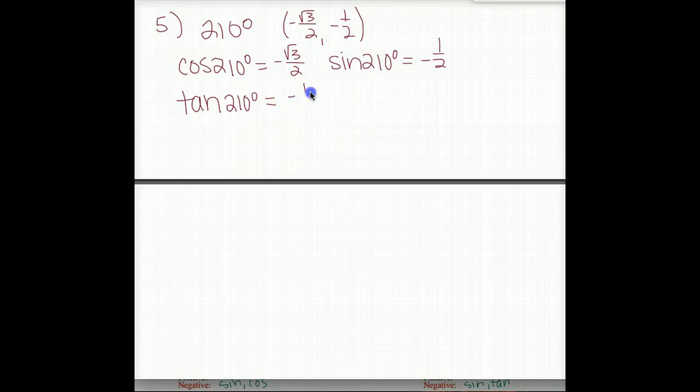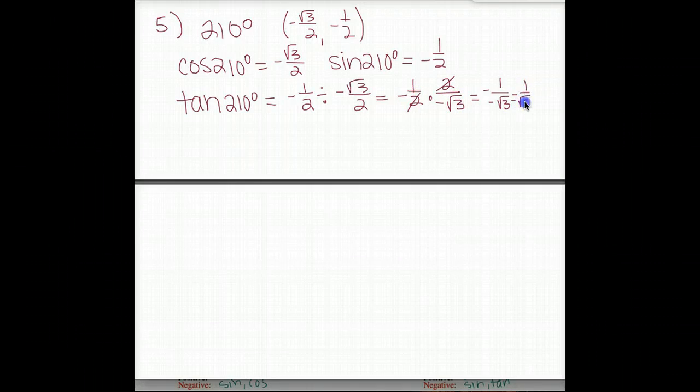It's going to be sine divided by cosine. And it's fine with me if you skip this step and go straight to multiplication by the reciprocal. Here, these are going to cross reduce. So I've got negative 1 times 1 here, which is negative 1. On the bottom, I've got 1 times negative radical 3, which is negative radical 3.